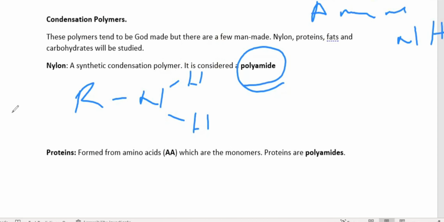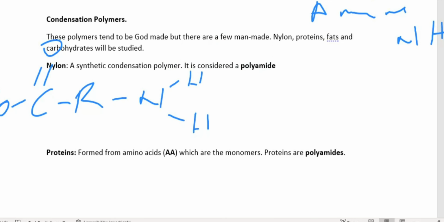On the other side of this R group, you have C double bond O OH. So you have the acid functional group. That's an acid. So what happens with your polymer now is that you have this monomer, this is your repeating unit, and of course the repeating units are going to join. So you have the acid portion over here, HO, C double bond O, R, N, H, H. Here, water is being formed.